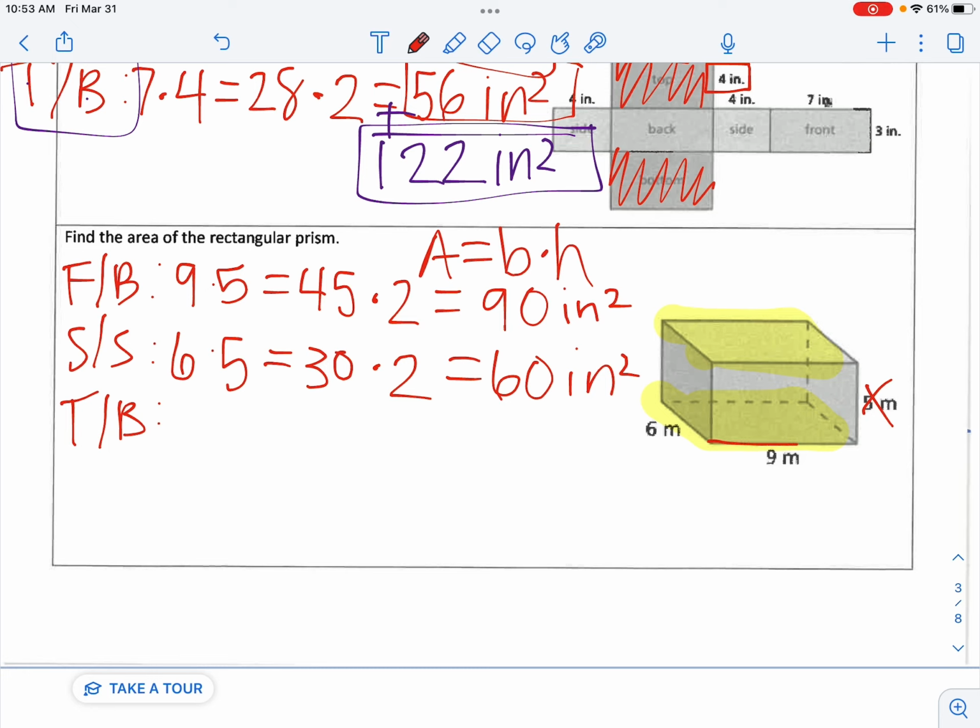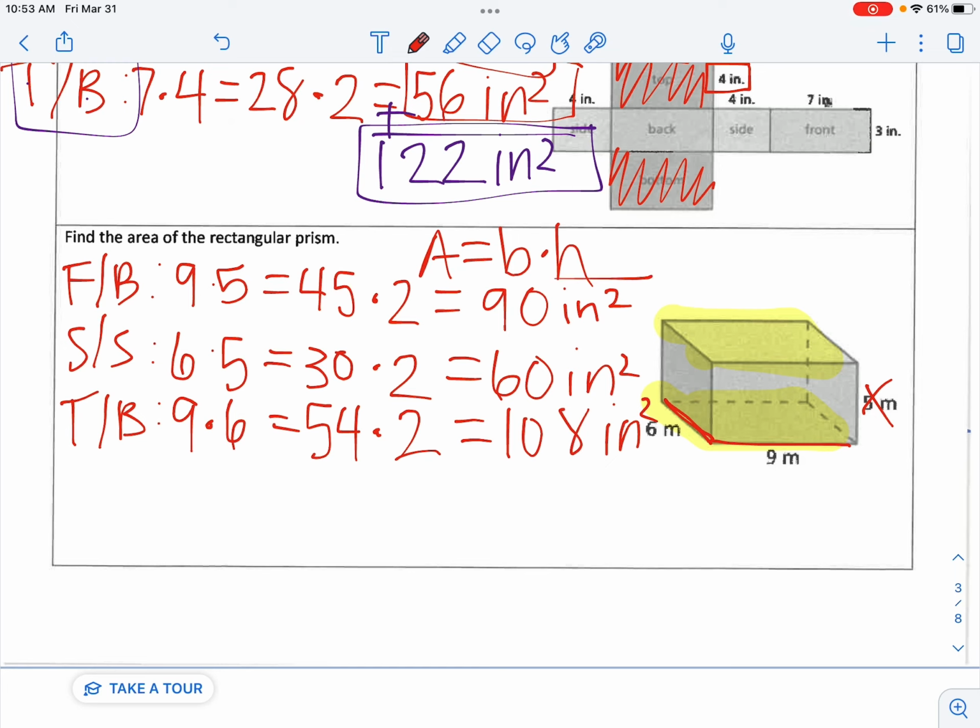Our base is our 9 and our height is our 6. So top and bottom is going to be 9 times 6, which equals 54. Multiply that by 2 because we have the top and the bottom. There's 2 of them that are exactly the same. And we get 108 inches squared.